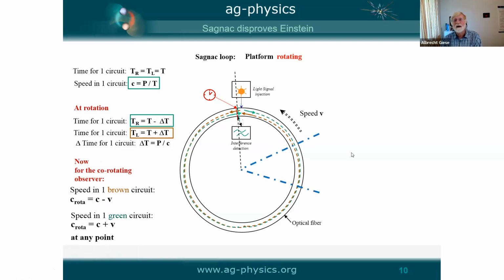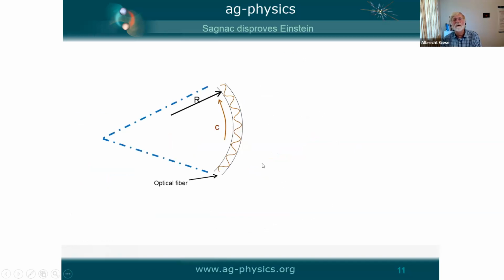So we look more carefully at this whole thing, because that is an essential part of this consideration. We take a little sector out of it and look further at the sector, that is this one. And this is only now the brown pulse. That is sufficient to look at one of them.